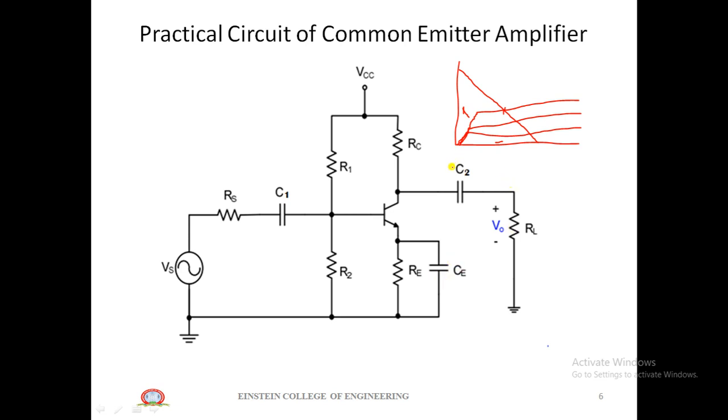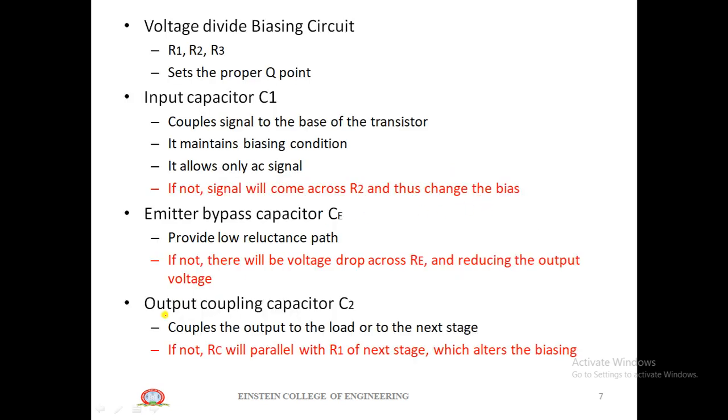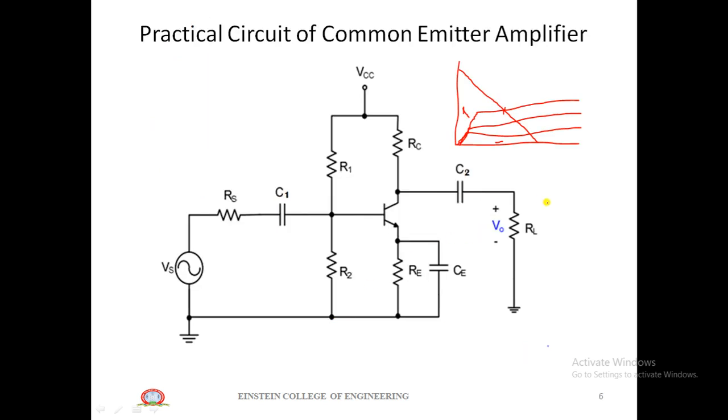Next is the capacitor C2. C2 is the coupling capacitor. C2 is the output coupling capacitor. It couples the output load, or the next stage amplifier, to this amplifier.